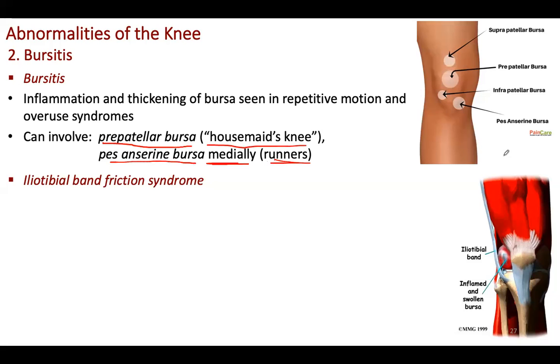So you have tenderness at this point. This is the pes anserine bursa anteriorly and medially. Pre-patellar bursa, right in front of or superficial to the patella. These are the 2 most commonly involved.